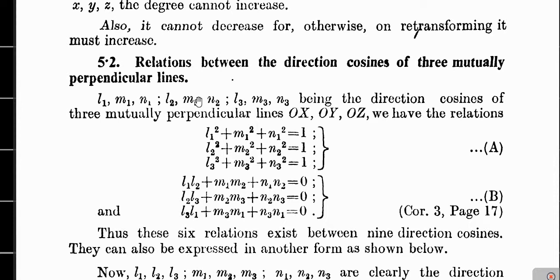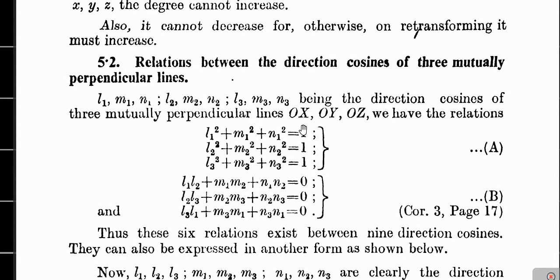Similarly, as the second line is perpendicular to the third line, we have L2 L3 plus M2 M3 plus N2 N3 equal to 0. And finally, as the third line is also perpendicular to the first line, we get L3 L1 plus M3 M1 plus N3 N1 equal to 0. We will denote this system of equations by the equation number B.